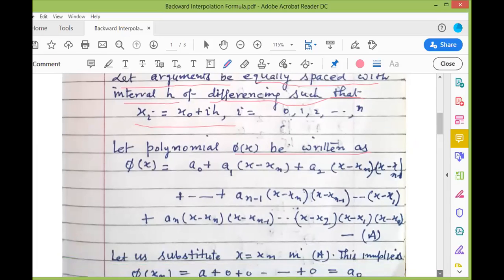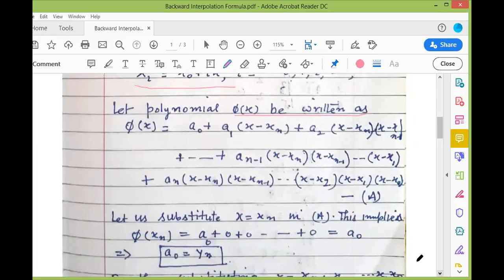Now, in a similar way, we write phi(x) equals a0 plus a1. If you remember Newton's forward interpolation formula, the only difference is that there we had x0, the beginning value, and here we have xn, the end value of the argument.